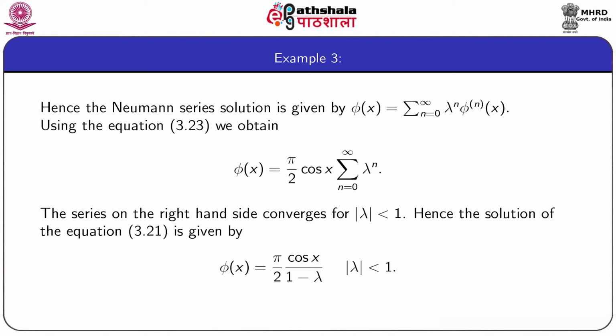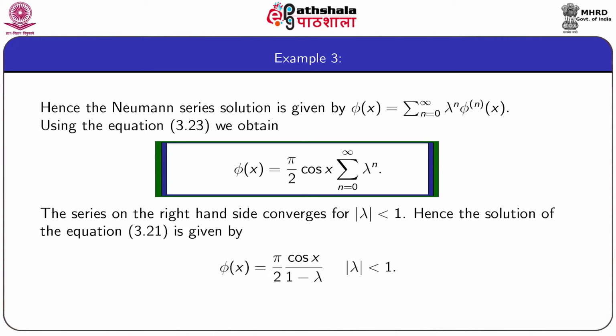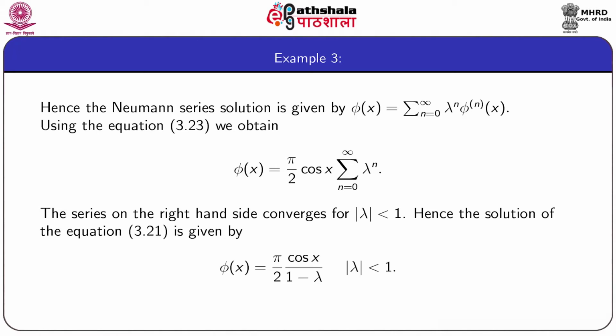So if I substitute this value, I get the Neumann series solution as φ(x) equal to π/2 cos x summation n equal to 0 to infinity λⁿ.